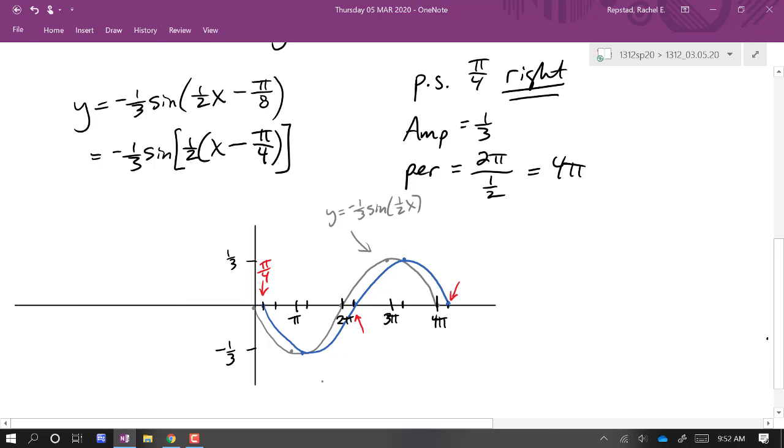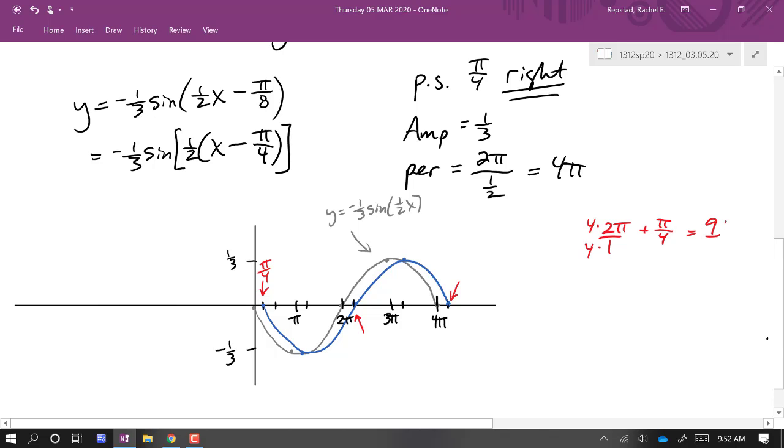For the next one, when I shift to the right pi over 4, I'm just going to take each of these intercepts, at 0, 2 pi, 4 pi, and add pi over 4. I'm shifting to the right, so I'm adding it. If I were shifting it to the left, I'd just subtract the value. So 2 pi plus pi over 4. That's 2 pi over 1, so we get a common denominator.